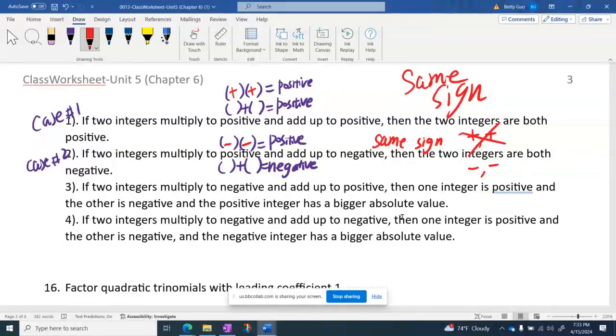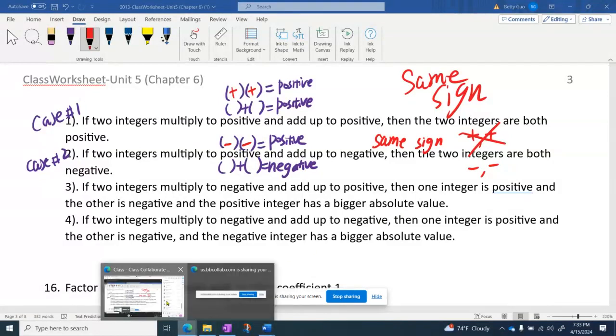So the two integers have to be both negative. And let me know, is that clear? If two integers multiply to positive, they have the same sign, either both positive or both negative. Since they add up to negative, they have to be both negative.